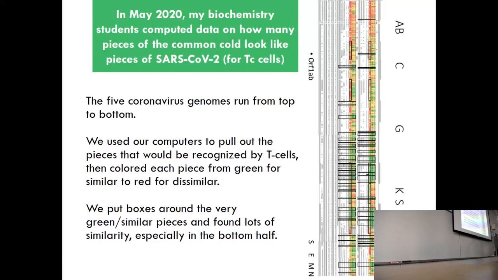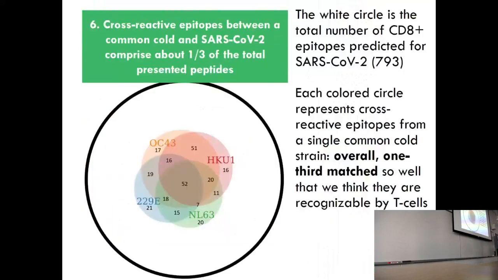And I had the students color it green when they saw something, and actually the more similar, the more green it was, I believe. Look at all this green, especially in the C-terminal end of the genome, the 3' end of the genome. There's a lot of hope that there are some antigens from common colds that will give you T cells against SARS-CoV-2.